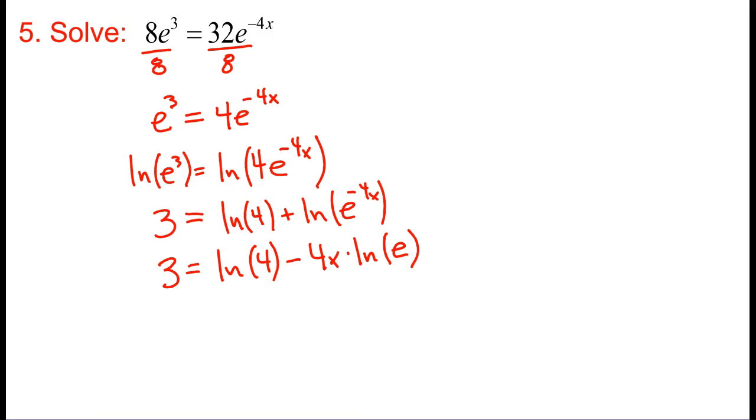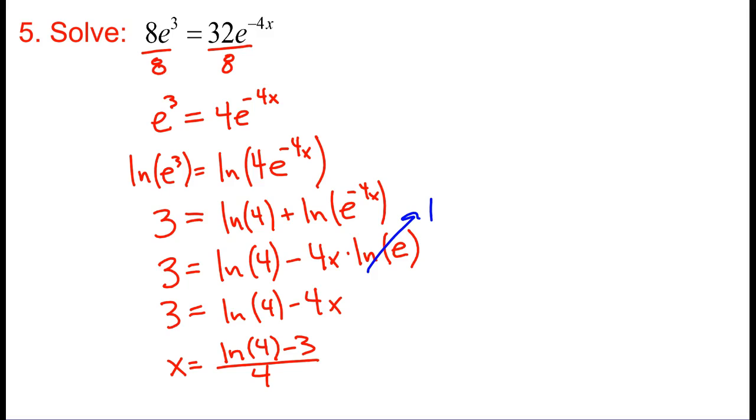Well, the ln of e is just 1, so we have 3 equals the ln of 4 minus 4x. And now we can use traditional algebra techniques to solve for x. Final answer: x equals the ln of 4 minus 3, all divided by 4.